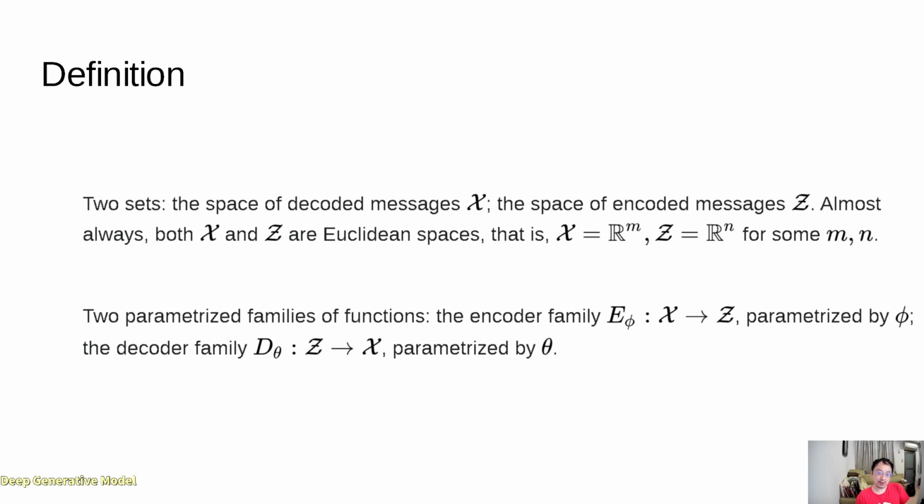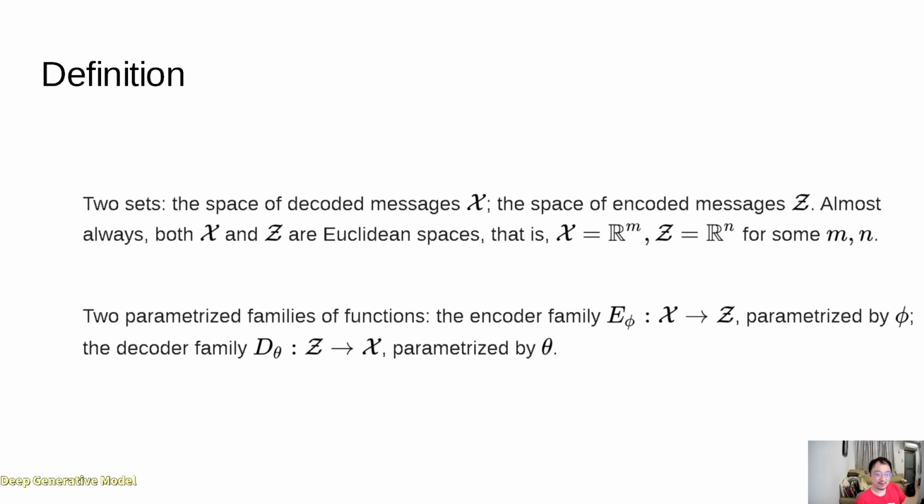And the definition goes like this. Two sets: the space of decoded messages X, and the space of encoded messages Z. Almost always, both X and Z are Euclidean spaces. That is, X is equal to R^m, and Z is equal to R^n for some m and n.